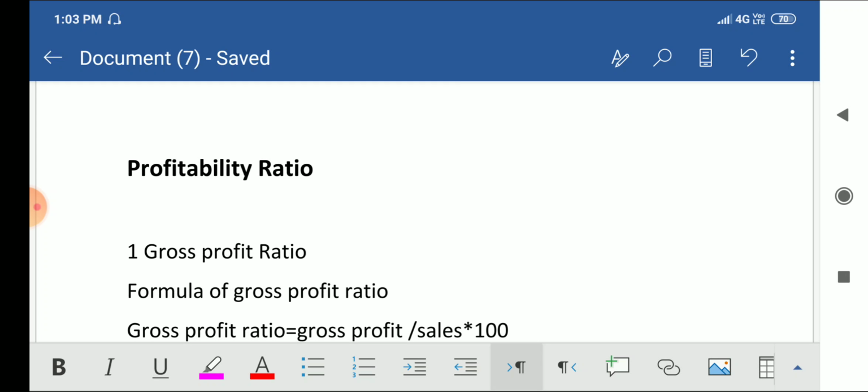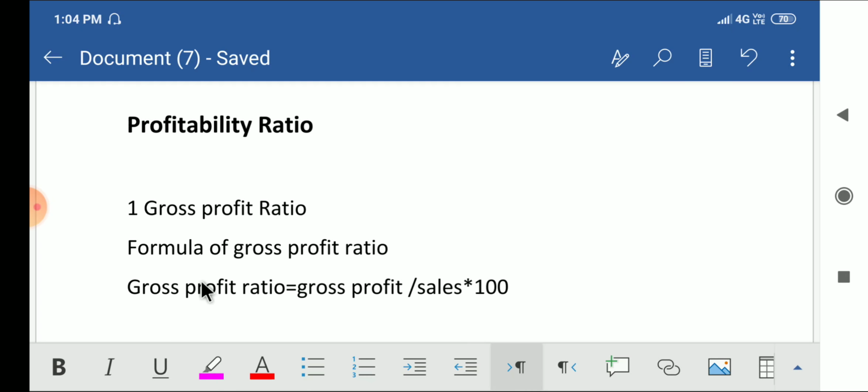This ratio is specially useful for measuring the profitability and management skill of the business. The formula of gross profit ratio: gross profit ratio is equal to gross profit divided by sales into 100. Direct charges means the expenses relating to the purchase. The gross profit ratio shows the overall profit of the business.